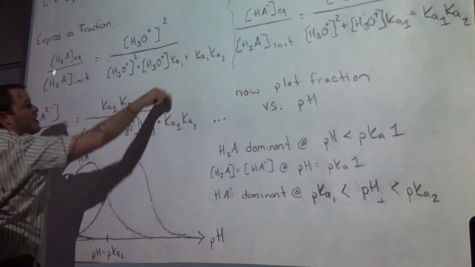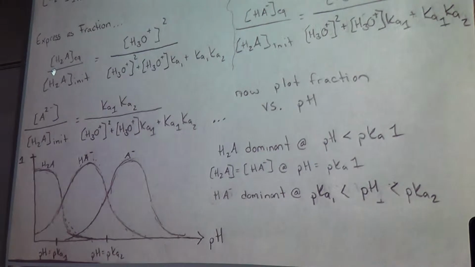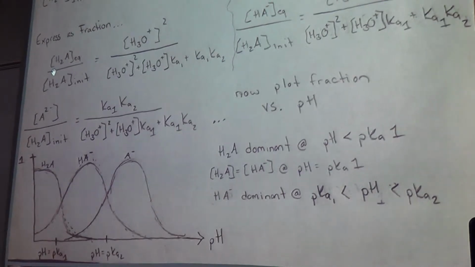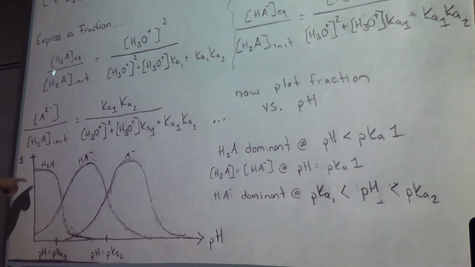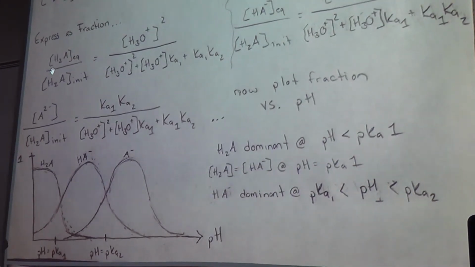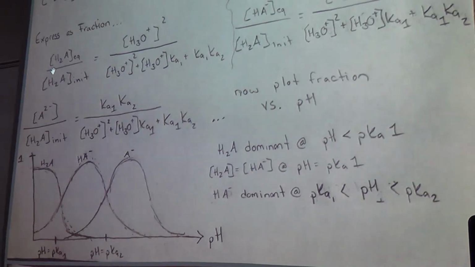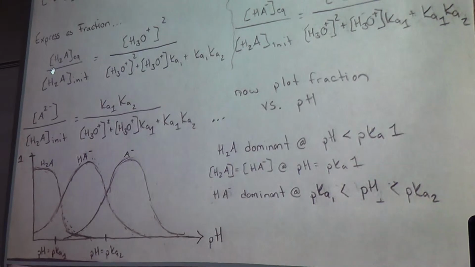But you've got that Ka1 times Ka2, so there's always something in the denominator extra that's decreasing that amount relative to 1. So you see that even at low pH, conc H2A never ends up being equal to 1. So drop the pH as far as you want, you're never going to get just completely protonated H2A. There's always going to be some equilibrium amount of the other species in that solution, right?